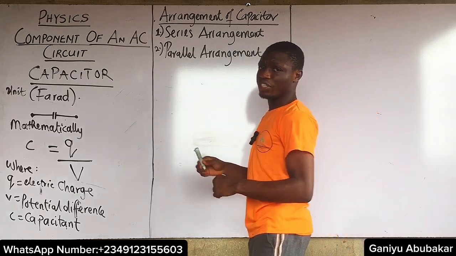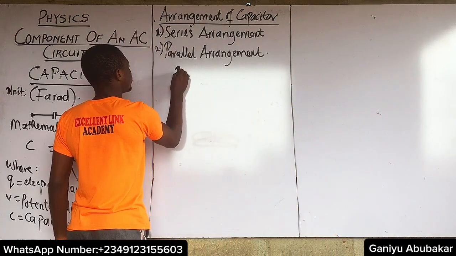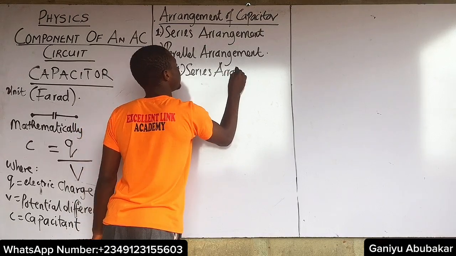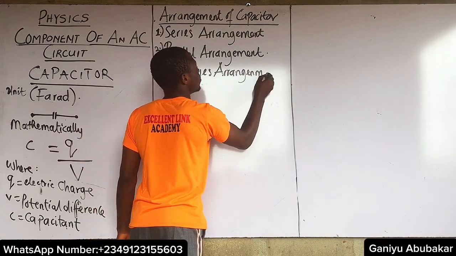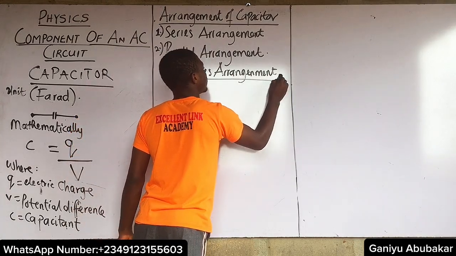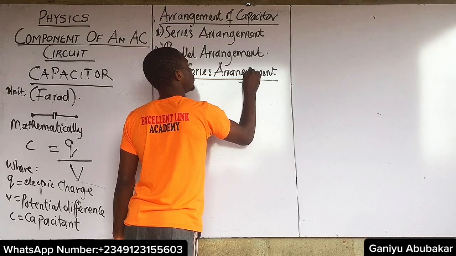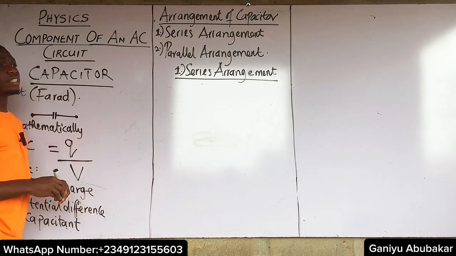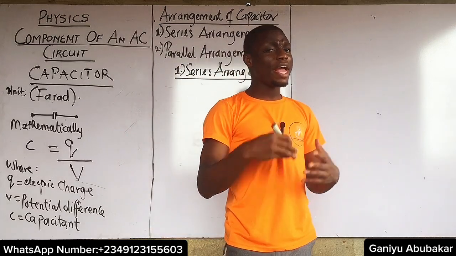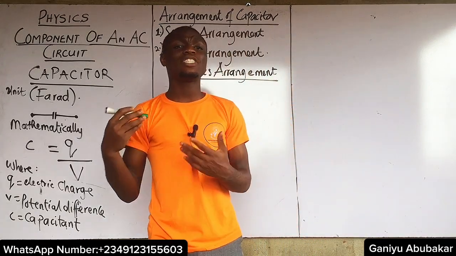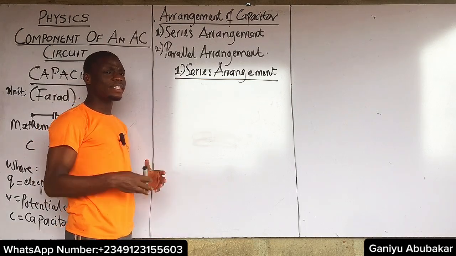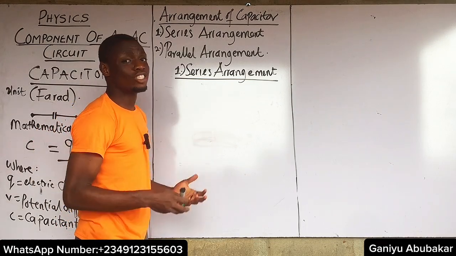Let's have the first one, called the series arrangement. Definition please. A series arrangement is simply the end-to-end connection of capacitor, as shown below.